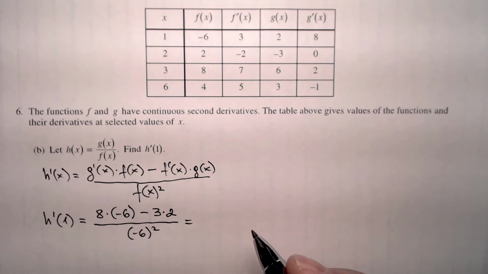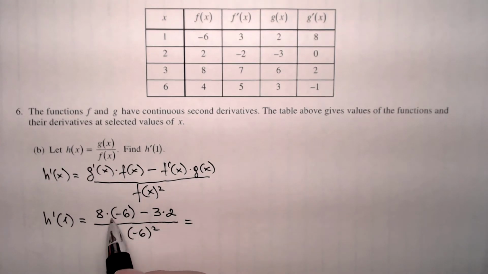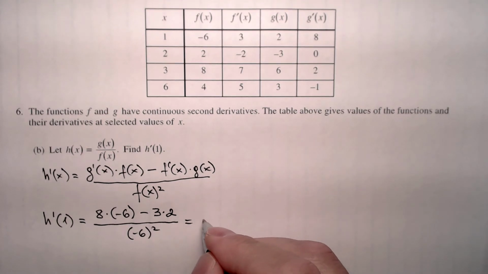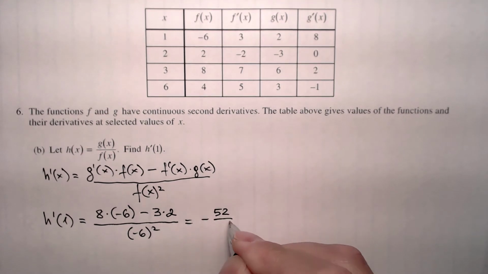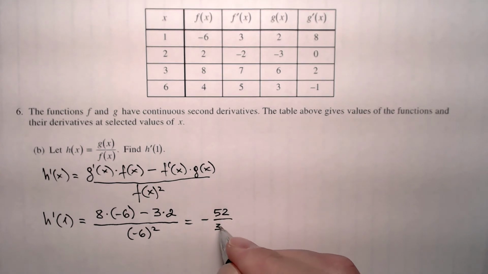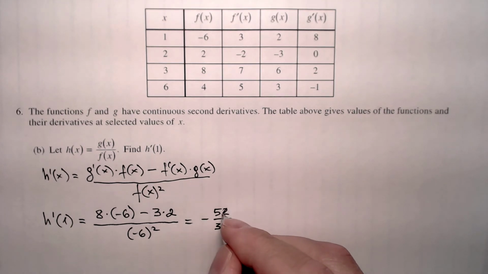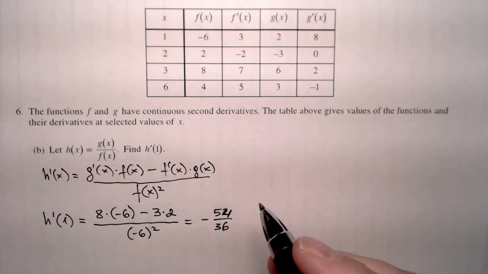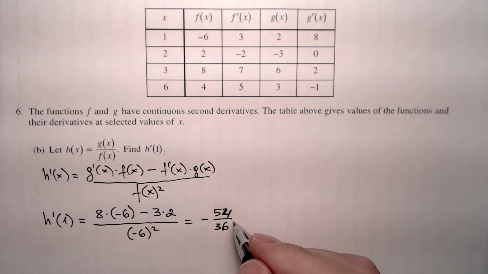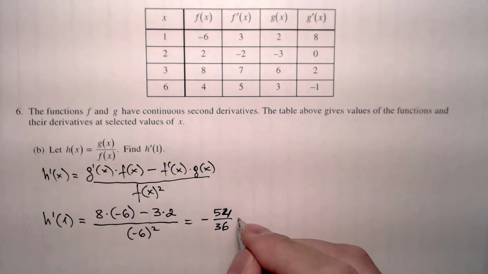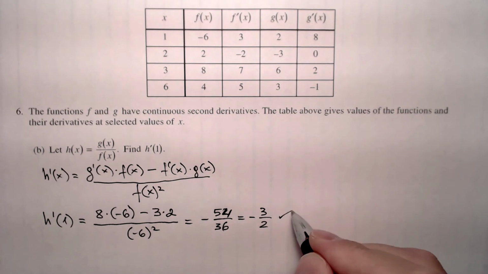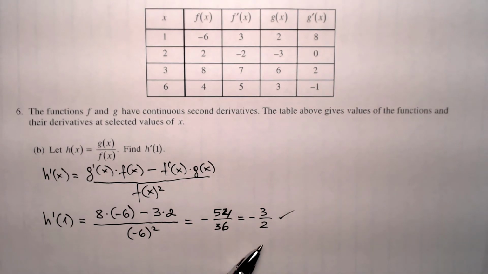So just be careful with arithmetic here. 8 times 6, 48, minus 6, 52, negative 52 over 36. Negative 54. Just said be careful with arithmetic. Negative 54 over 36, both divisible by 18. So it's negative 3 over 2. And so the final answer is negative 3 over 2.